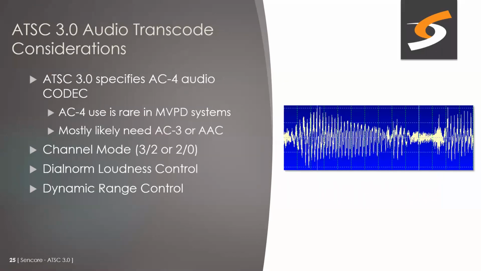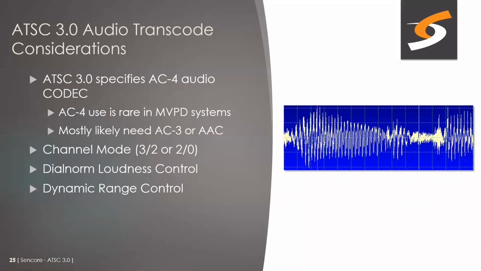As it relates to audio, ATSC 3.0 is making use of AC4 audio and all its complexities, but all its benefits as well. I dare say AC4 support is very rare in MVPD systems and in set-top boxes. So most likely some kind of transcode will need to happen into AC3 or AAC.